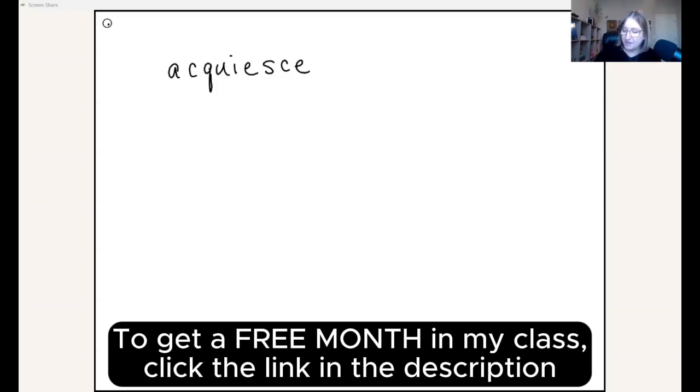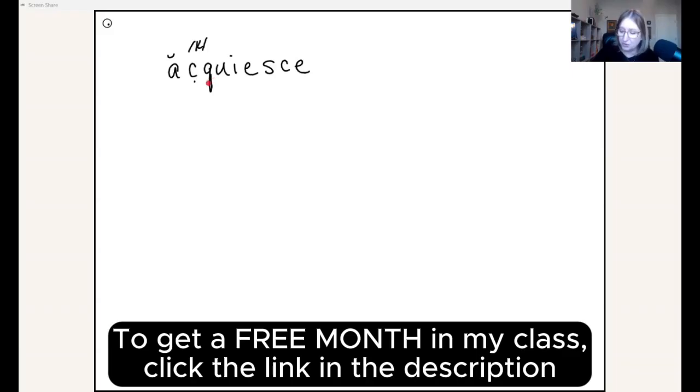All right, so what's happening here is we have a tap 2 rule A. That's going to make its short sound because the next two letters are consonants. This C is going to make its hard sound almost always unless the next letter is an E, I, or Y, right? So this is going to say its K sound, its normal sound.